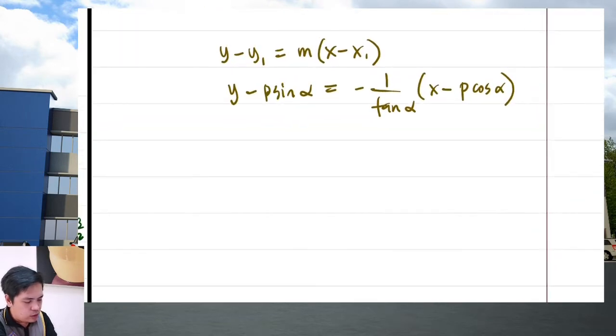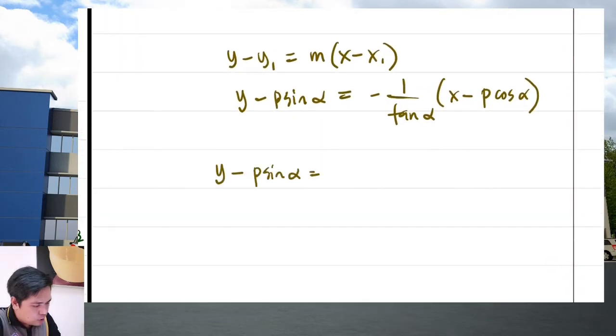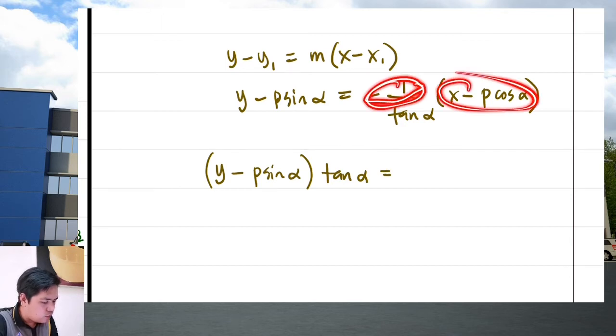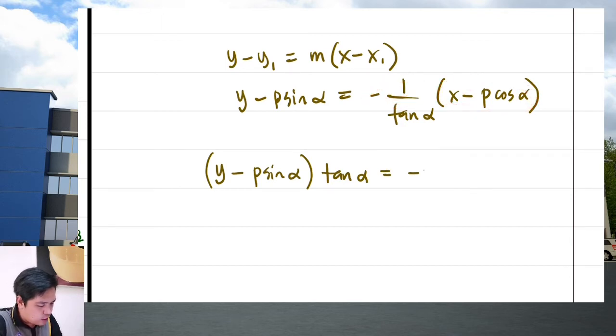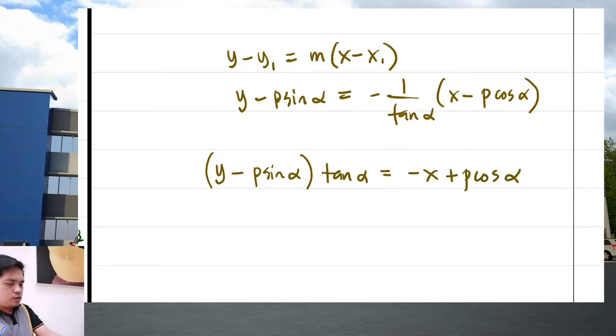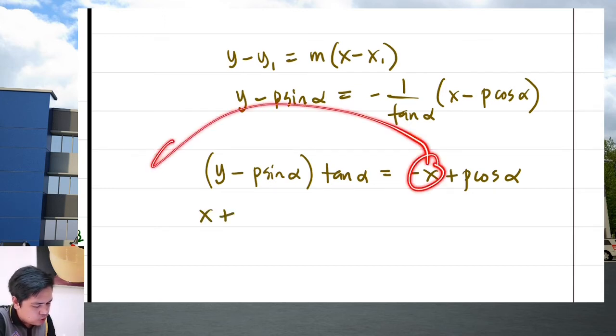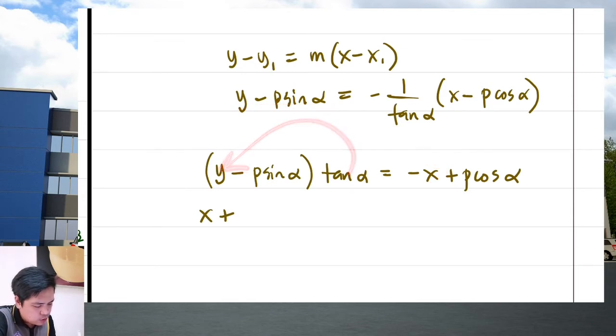Okay, then we'll need to simplify this. How about we'll just multiply this kaagad by tangent alpha. Then ito, multiply natin negative 1 dito. That would be negative x plus p cosine alpha. Okay. Now, that would become x plus, so eto, I'll just transpose this to the other side, then I'll distribute tangent.